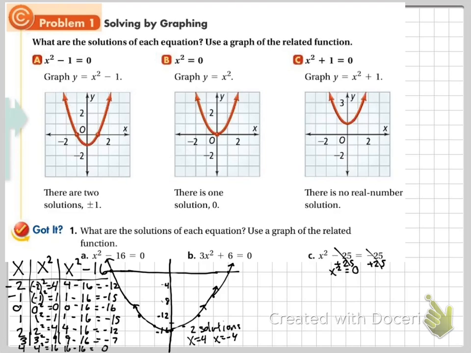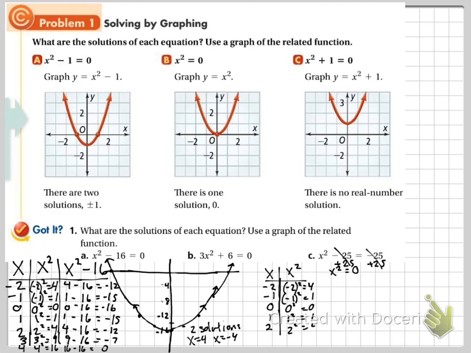So I'm going to make a table, x and x squared. It's going to be a pretty short one. Not a lot of work to do. -2, -1, 0, 1, 2. -2 squared is 4. -1 squared is 1. 0 squared is 0. 1 squared is 1.